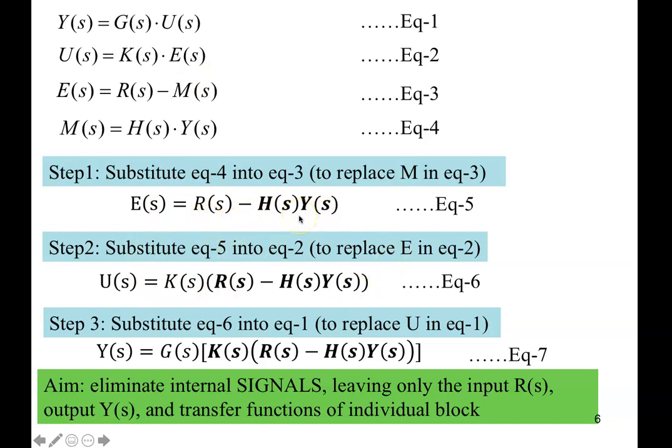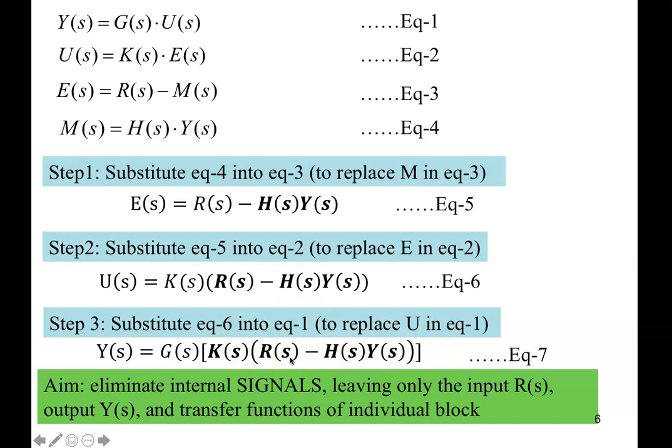That's R minus H times Y. After that, I can substitute equation number 6 into equation number 1 to get rid of US. So YS equals GS times US. US is equal to everything on the right-hand side of equation 6. So I'm going to put that into a bracket and put everything in there.